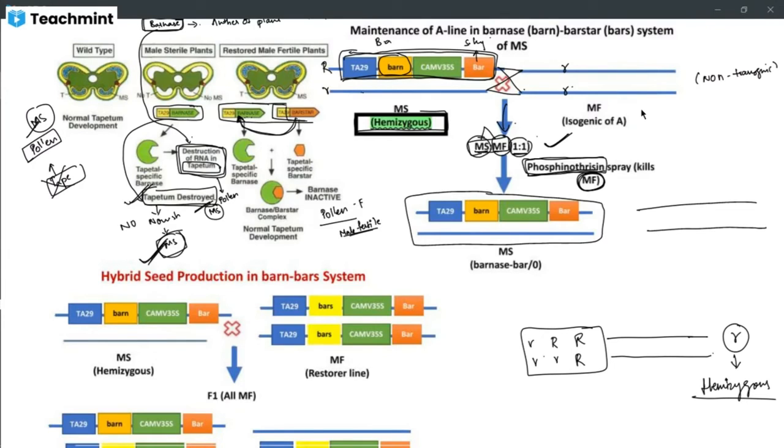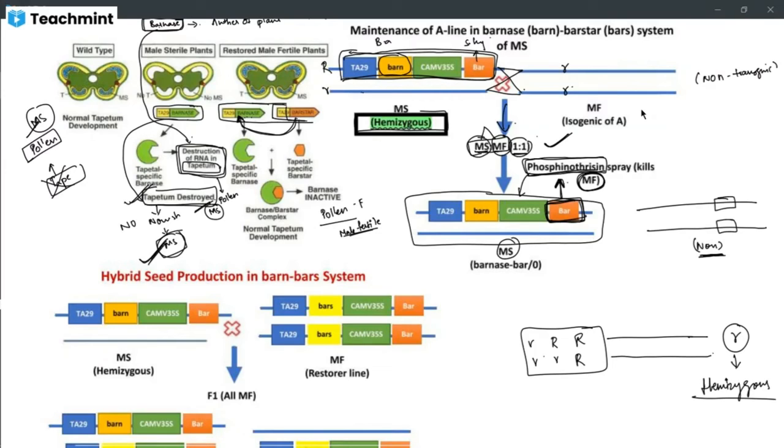There is no transgene here. This bar is the gene which confers resistance to this chemical. So when we spray this chemical on the male sterile line, as there is the bar gene, it will offer resistance to this chemical. But there is no bar gene here. There is a normal construct. This is non-transgenic again in the progeny.